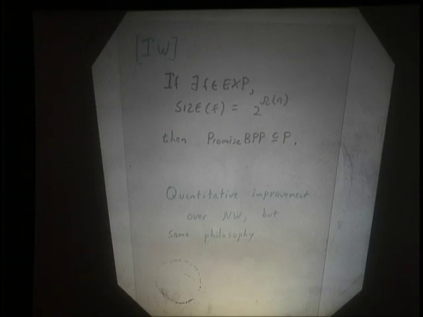But if you think of it, this result is somewhat remarkable in the following sense. What would happen if you look at the contrapositive of this statement? If we can't simulate a probabilistic algorithm deterministically in polynomial time, then every function that's computable in exponential time has a sub-exponential size circuit family. That means that you can somehow condense computation by doing some sort of offline computation.